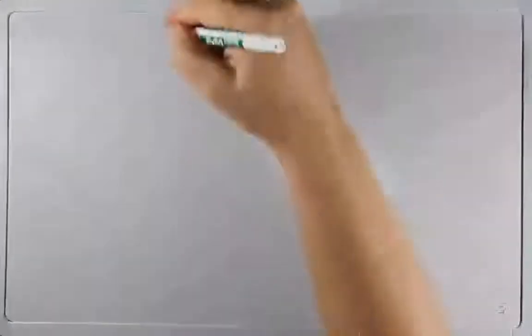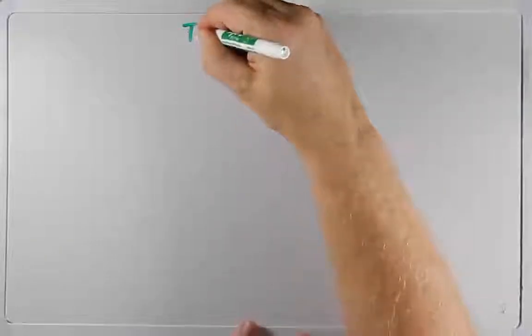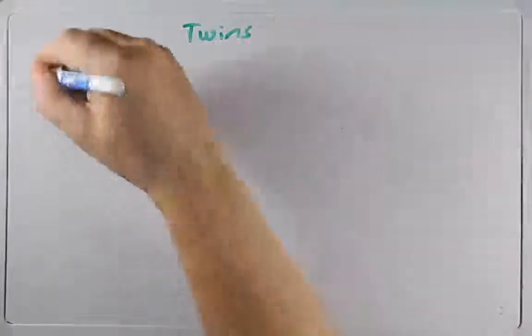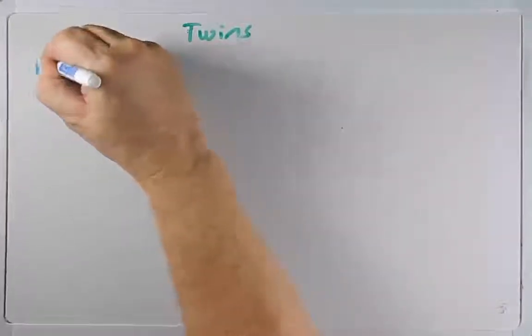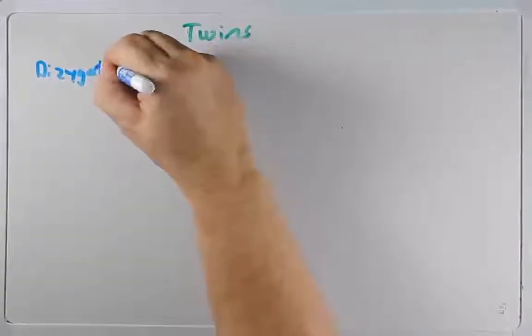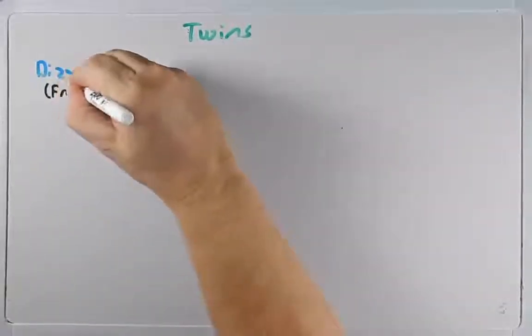All right, the next thing I'd like to talk about are twins. There are three types of twins I would like to talk about. The first are what we call dizygotic. These are commonly referred to as fraternal.